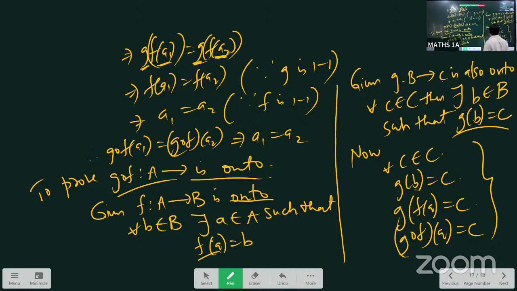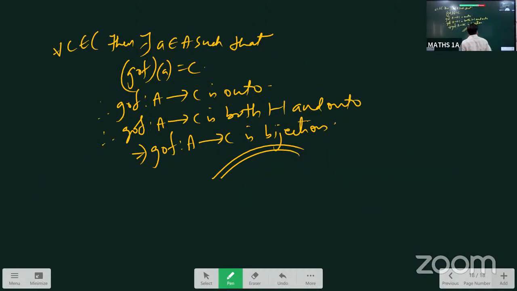Now let us do one more sum. Tomorrow we'll continue with the remaining 3 theorems. So one theorem is done. The remaining 3 theorems we'll do tomorrow.